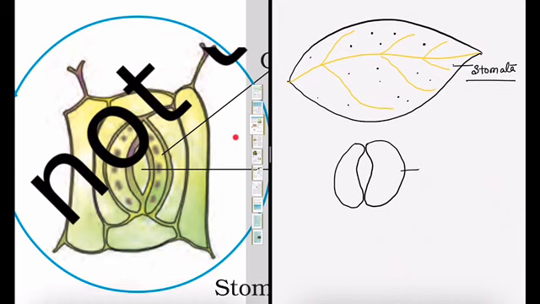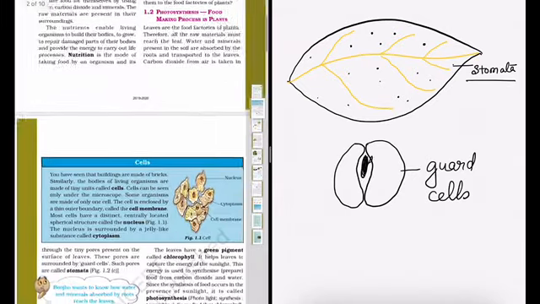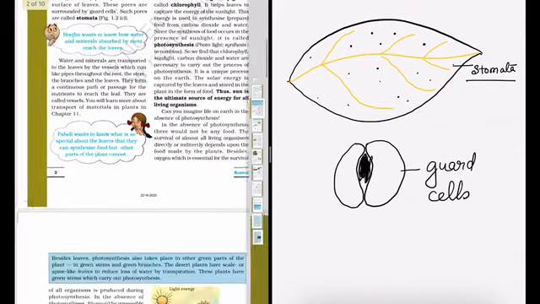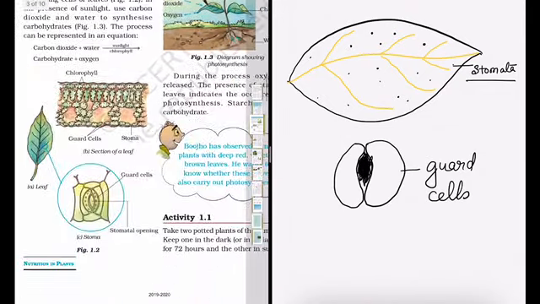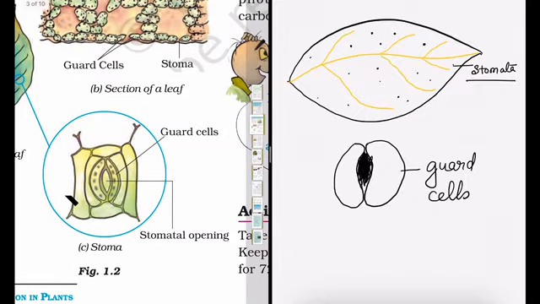These two cells are kidney shaped cells. They are called the guard cells. And there is an opening through which gases can come inside or escape the leaf. This is the opening of the stomata, and here there are other cells.